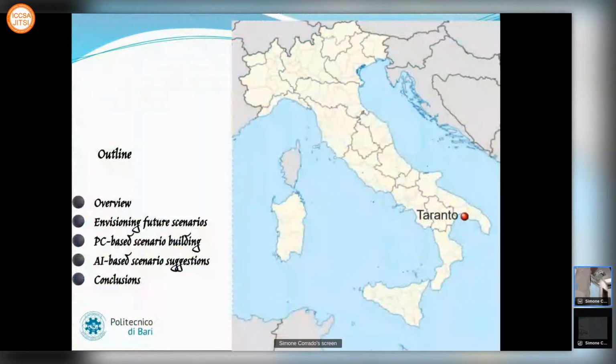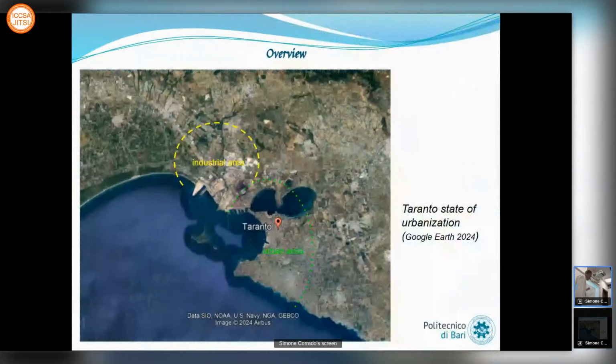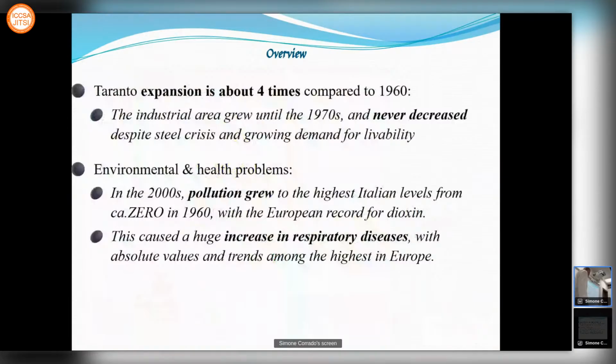Taranto is here, south of Puglia. Actually, the industrial area is basically as large as the urban area. Very big. It was built in the 60s, but it grew over time four times compared to the 60s.